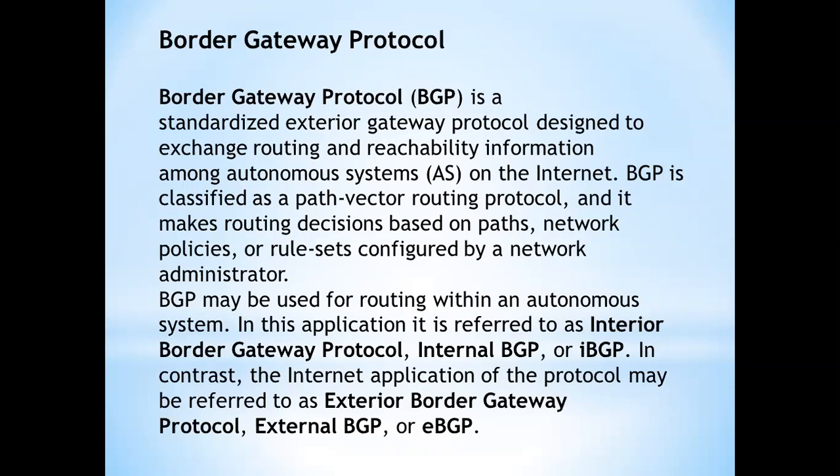Once again, the Internet itself is the example of inter-autonomous system routing. An organization such as a university could make use of BGP to provide optimal routing within its own administrative setup of the autonomous system. The BGP protocol can provide both inter and intra-autonomous system routing service.